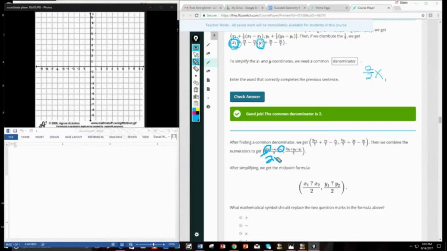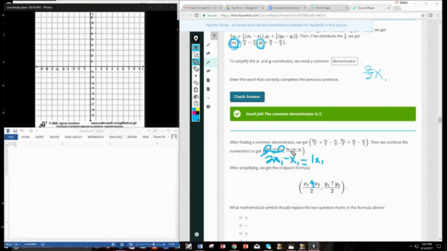So 2x sub 1 minus x sub 1. Well, I have two of them here, and I'm taking one away. So that leaves me with 1 x sub 1, which is right here, plus x sub 2. That value did not disappear. It is still there. And then they did the same thing for the y coordinate.